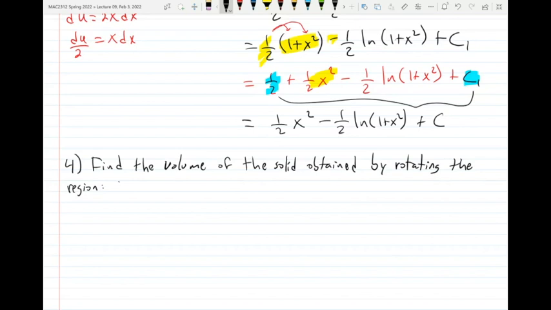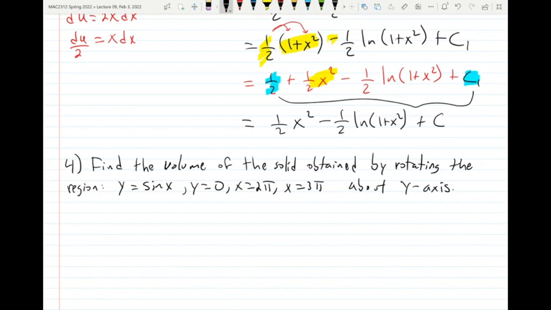The region given by y equals sine of x, y equals 0, x equals 2 pi, x equals 3 pi. So that's the region, and we're going to rotate this about the y-axis. That's the question.